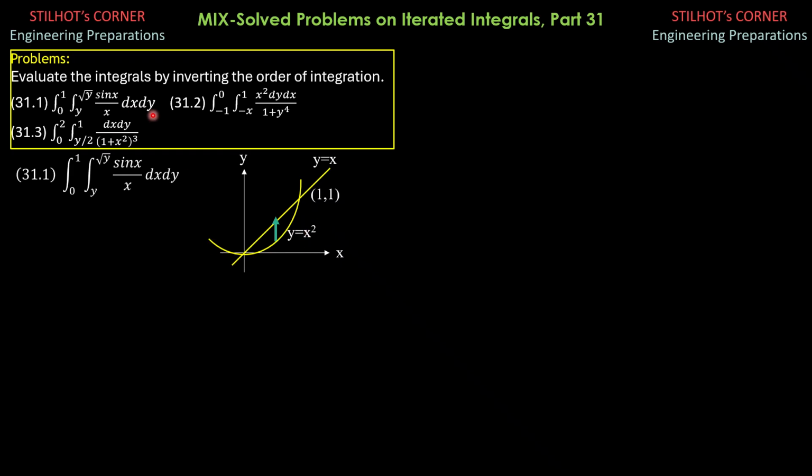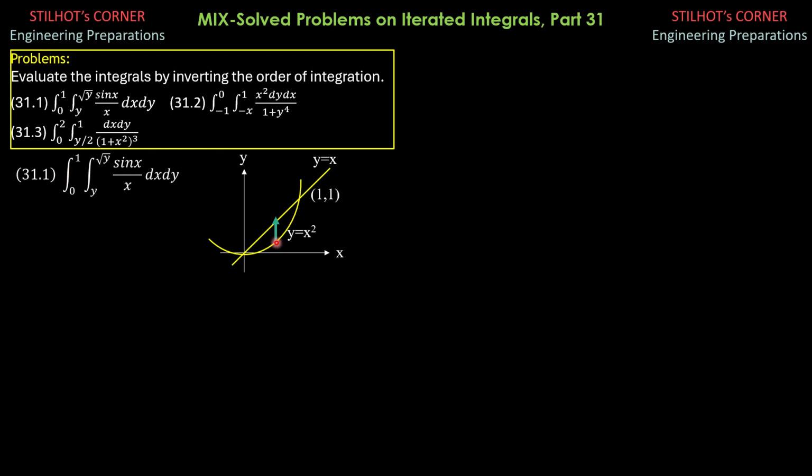So since we invert the order of integration, that means x will be the last variable to consider. So our strip would be vertical, and the point of intersection, which is at 1 comma 1, you can verify that. So which means that the outer limit would be from 0 to 1 for x, and that remains the same.